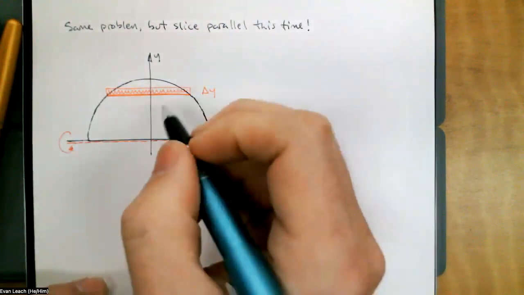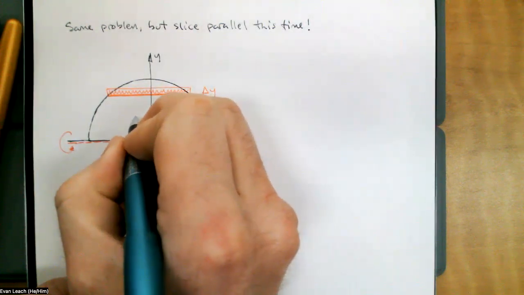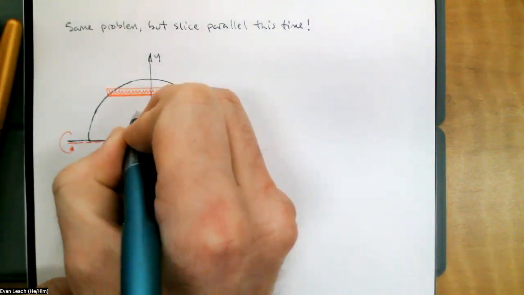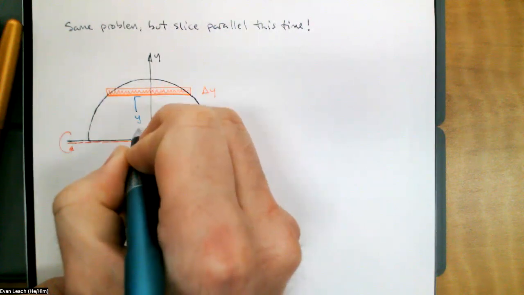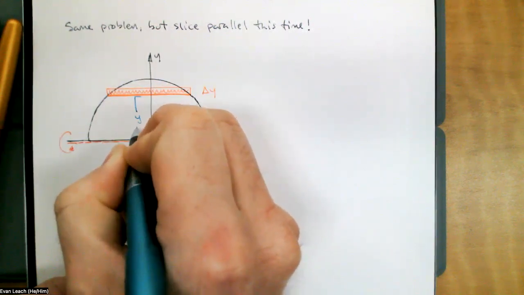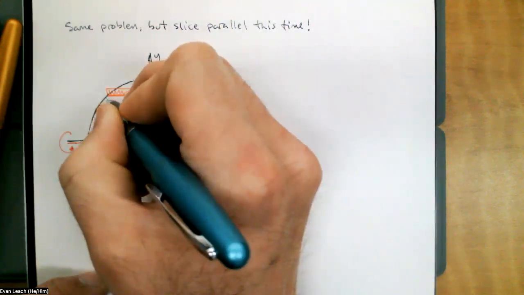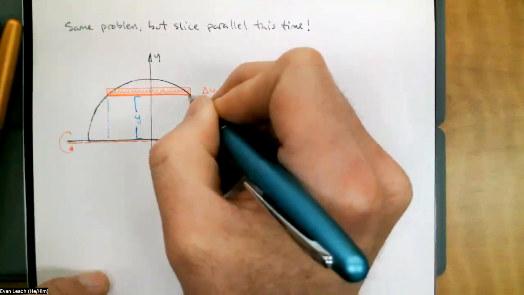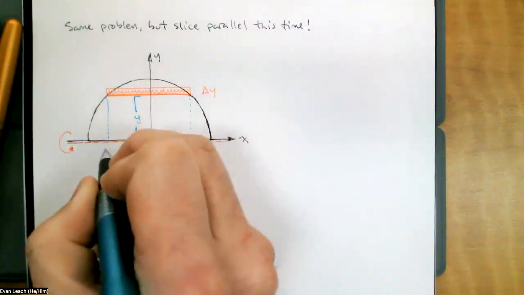Since this is going to be the thickness of our wall, we've sliced into a delta y. The variables are going to be the same as we had in the previous problem, except with a twist. There's going to be a y coordinate, but each y coordinate is going to correspond to two different x coordinates.